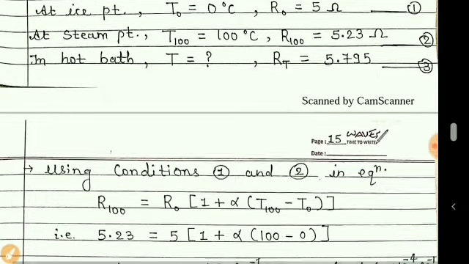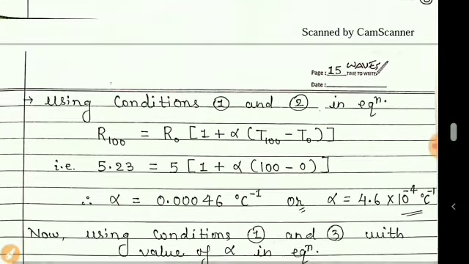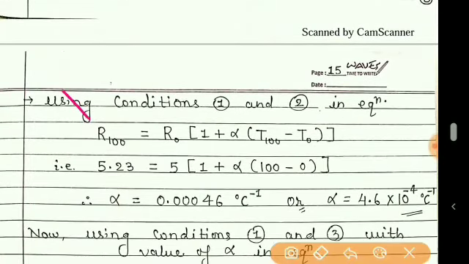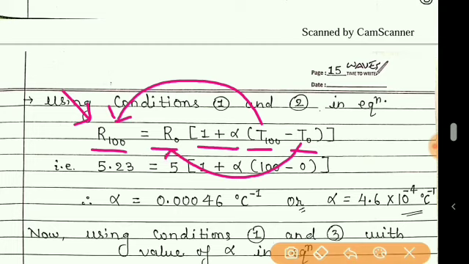So now using the first and second condition, we can write this formula: R100 is equal to R0 times 1 plus alpha times T100 minus T0. You can say this temperature, this resistance, this temperature, this resistance. So the formula is that only, the temperature dependence of resistance.